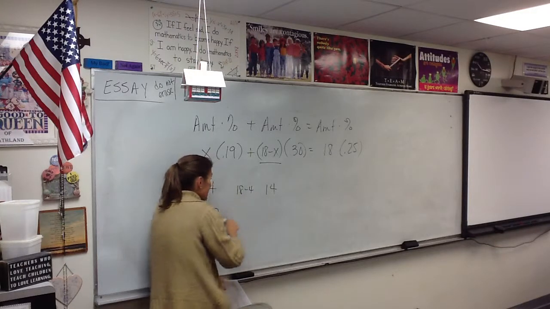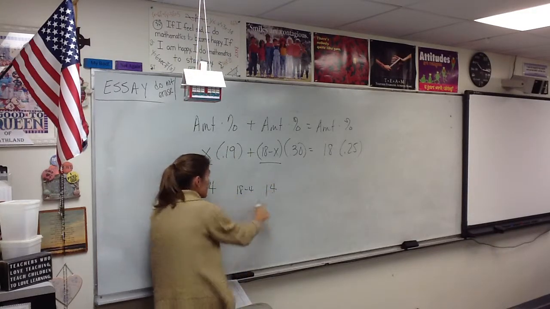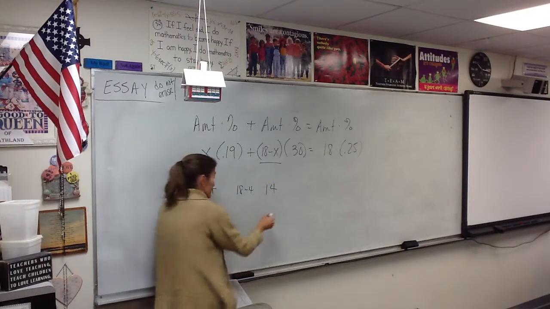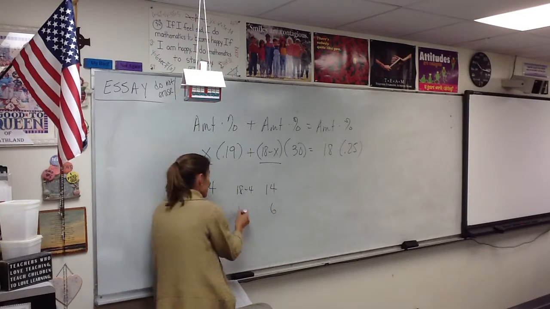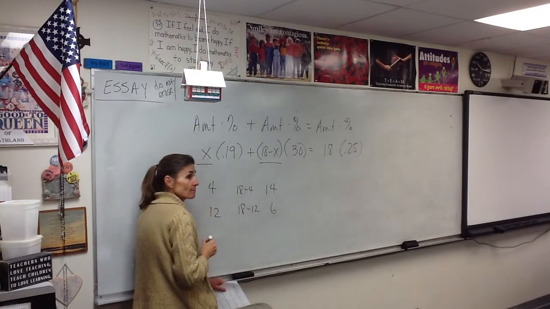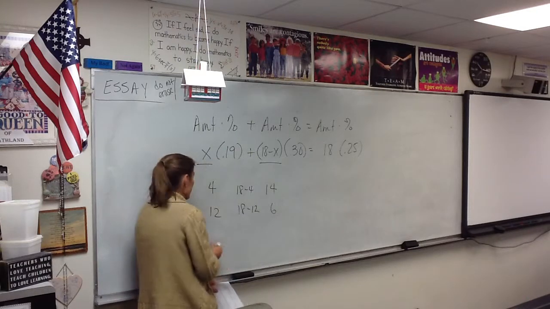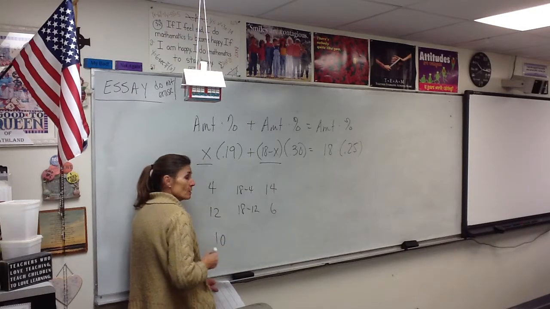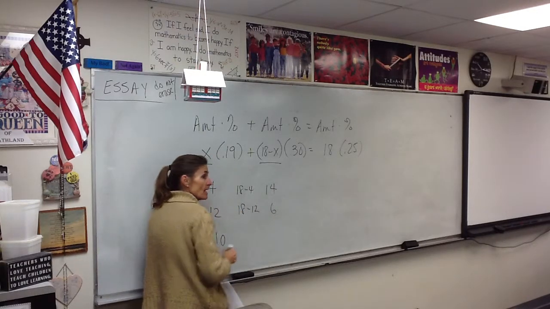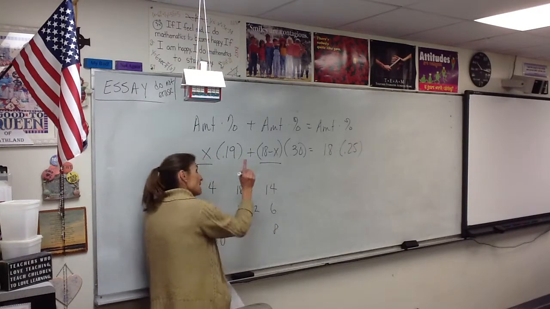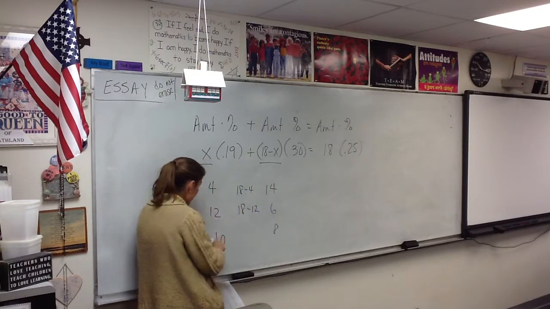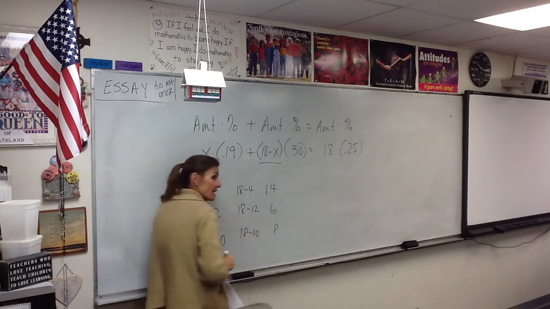This would have to be 6, because it's 18 minus 12, right? One more. If this were 10, what would this have to be? 8, because if they have to add up to 18, this would be 18 minus 10.